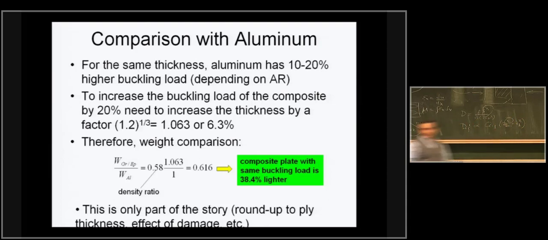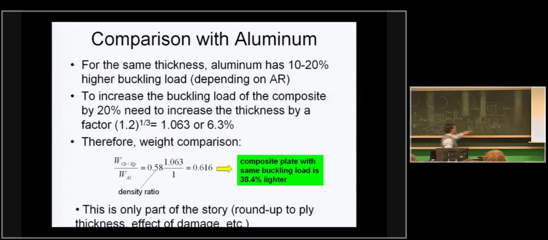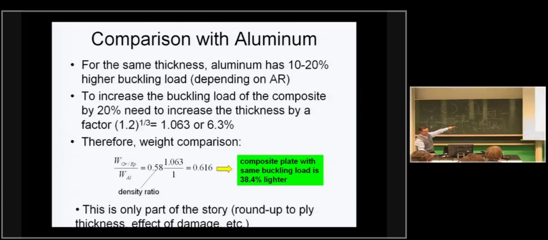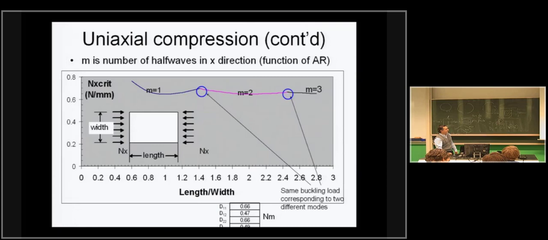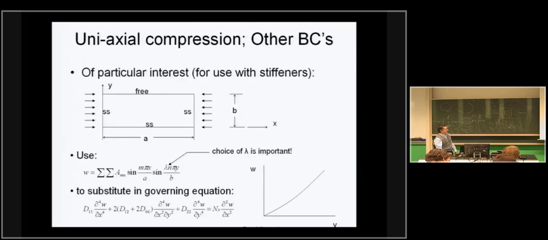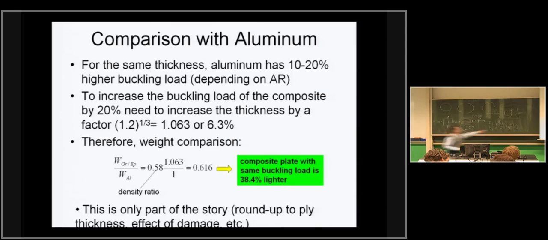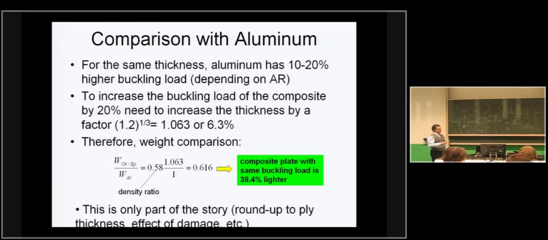Now, my buckling load is proportional to the D matrix, remember at the bottom here it's proportional to the D, so I need to increase my D by that 1.2 factor. But because it goes like thickness cubed, I bring it over to the other side and it becomes 1/3. So that's the 1/3, and therefore that's my 6.3%.